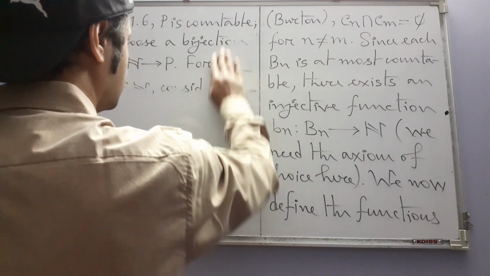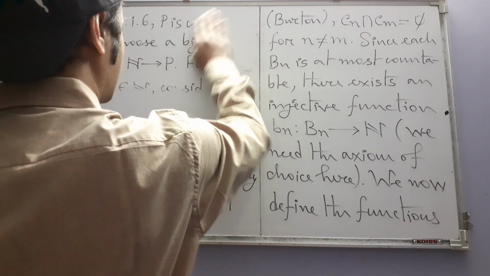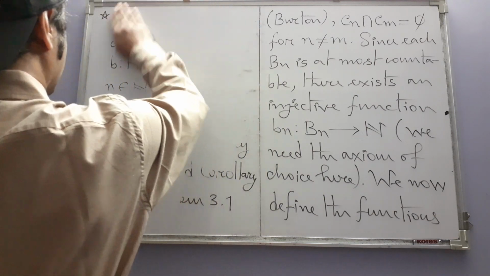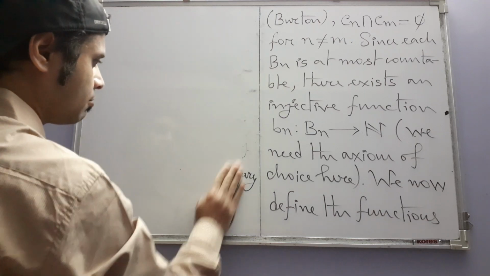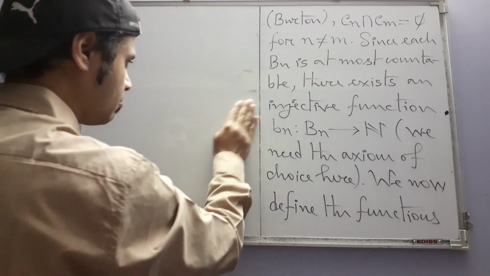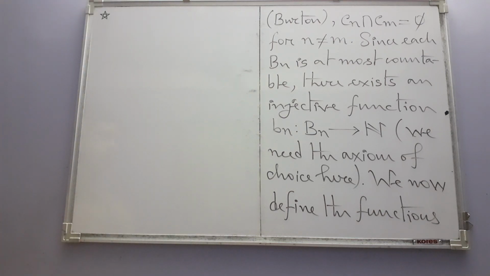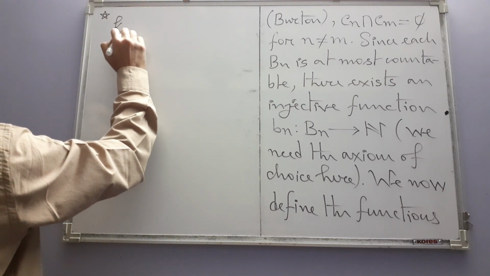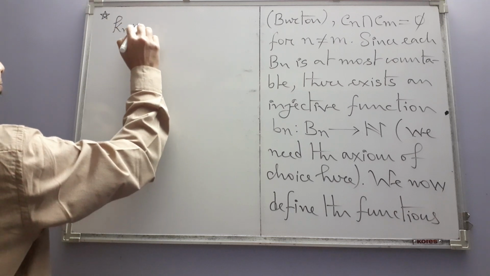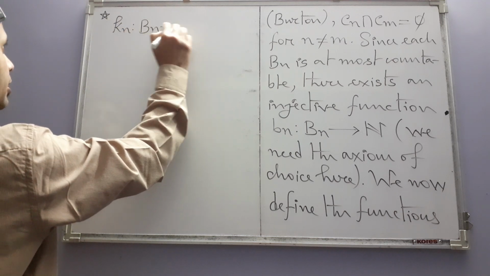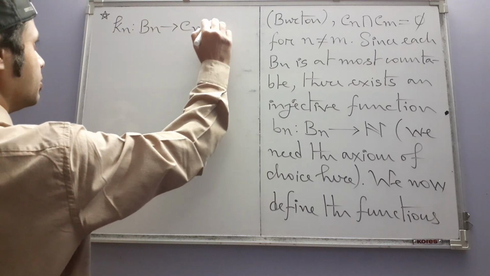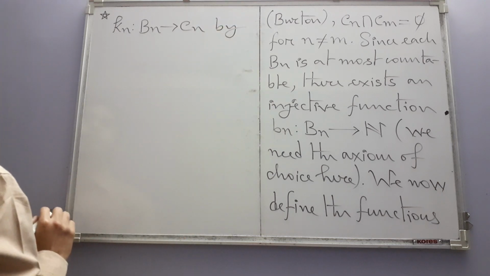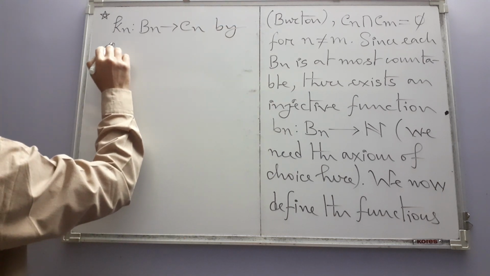We are going to see why, how. The functions Kn from Bn into Cn by these formulas.